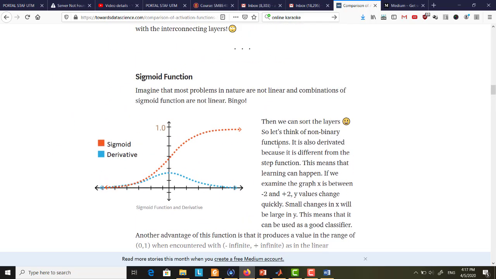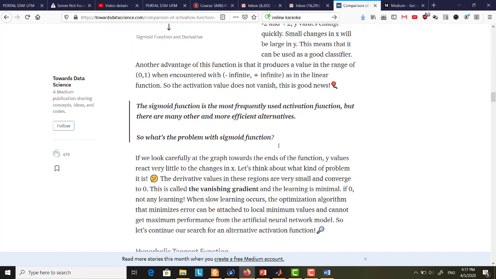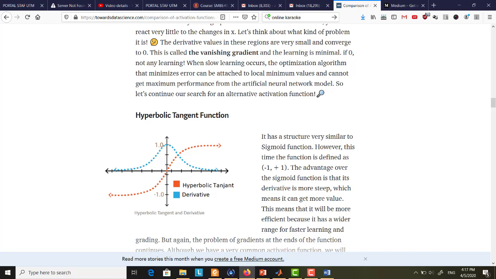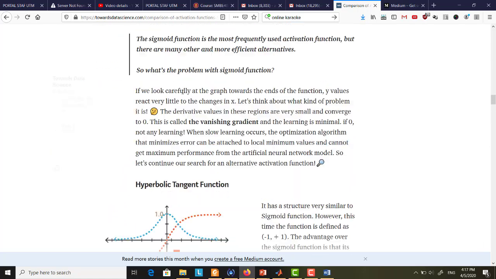Okay, then people tried to improve this activation function. They proposed the tangent function, the hyperbolic tangent function. The disadvantage of this function is almost similar to this one. The only improvement is the range.